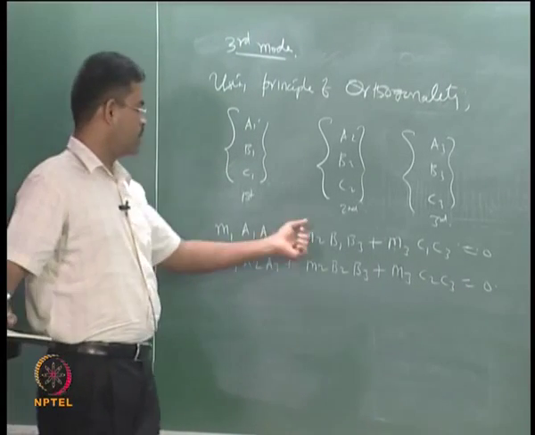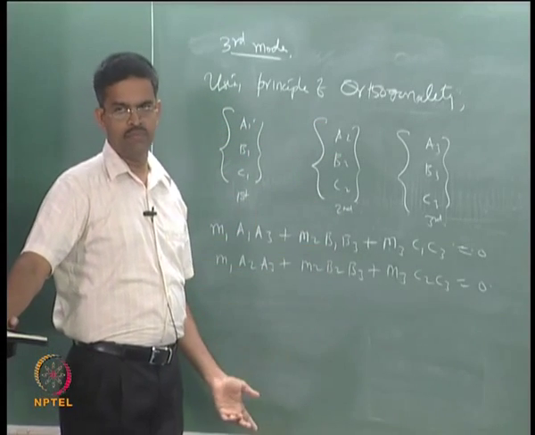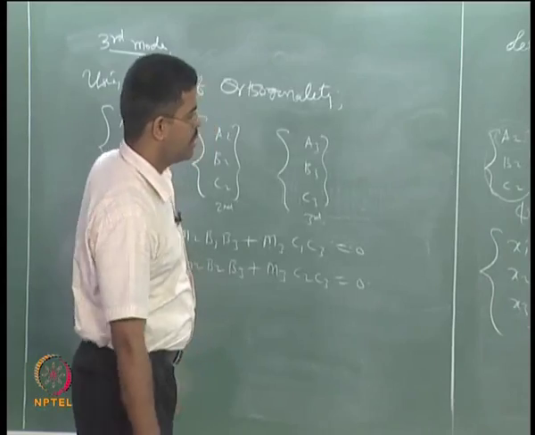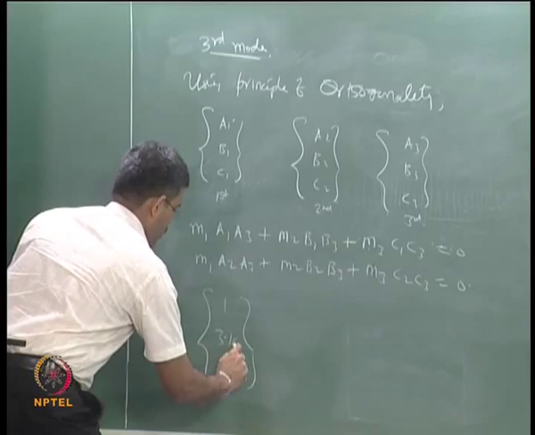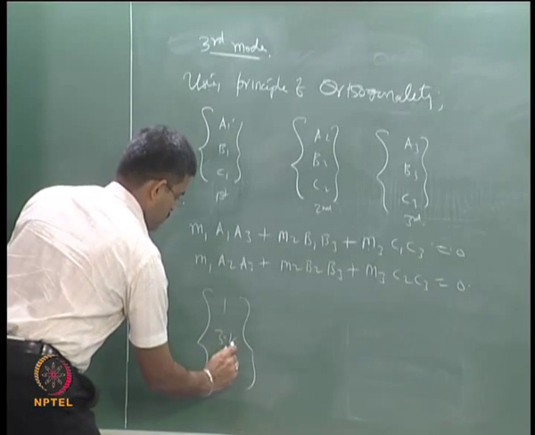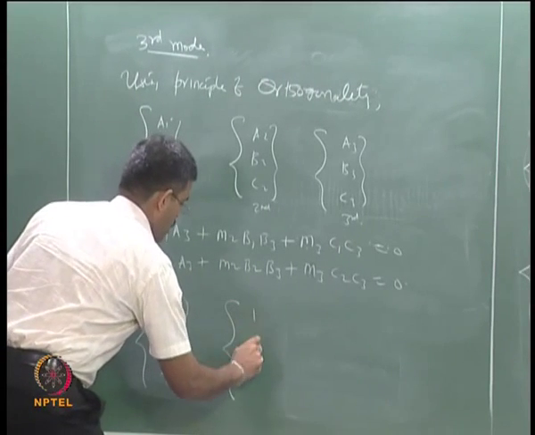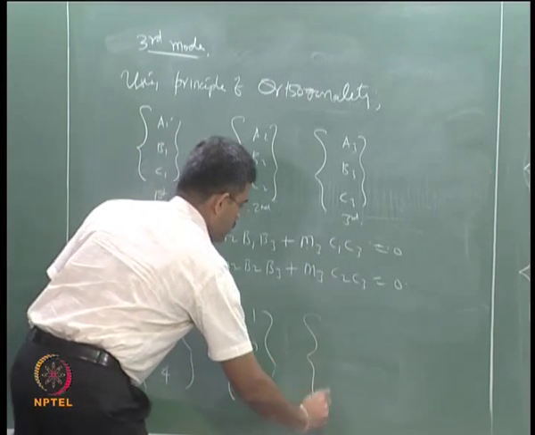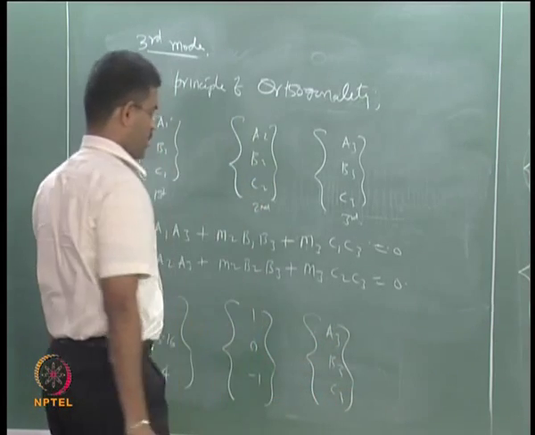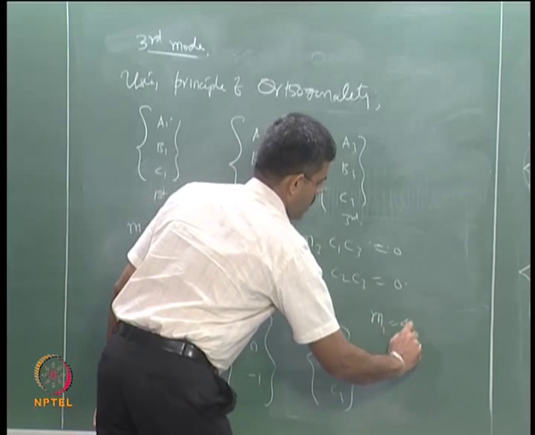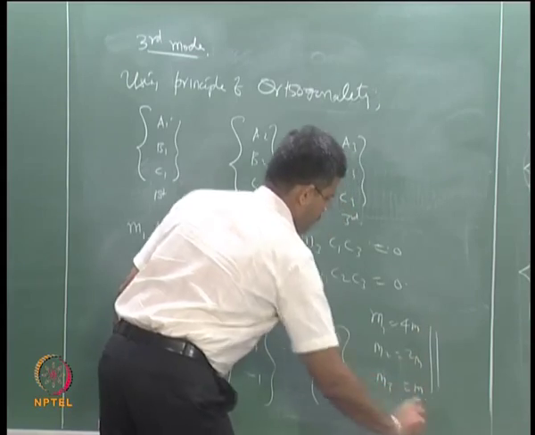So M1 I have, M2 I have, M3 I have, A1, B1, C1, A2, B2, C2 now I have. A1 vector, the first mode was 1, 3.16 and 4 if I am right. The second vector was 1, 0 and minus 1, and the third vector I do not know, I call this as A3, B3, C3, and of course M1 is equal to 4m, M2 is equal to 2m and M3 is simply m from the problem.